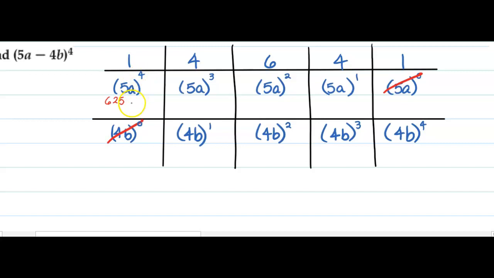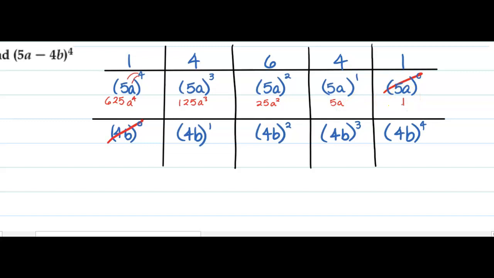A to the 4th is a to the 4th. We're using that power of a product property of exponents. 5 to the 3rd, use your calculator, is just 125. A to the 3rd. 5 squared makes 25. A squared, 5a, and this is just 1.